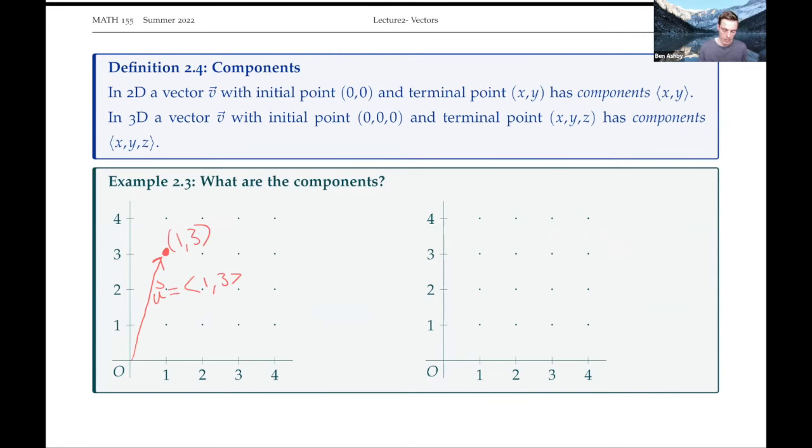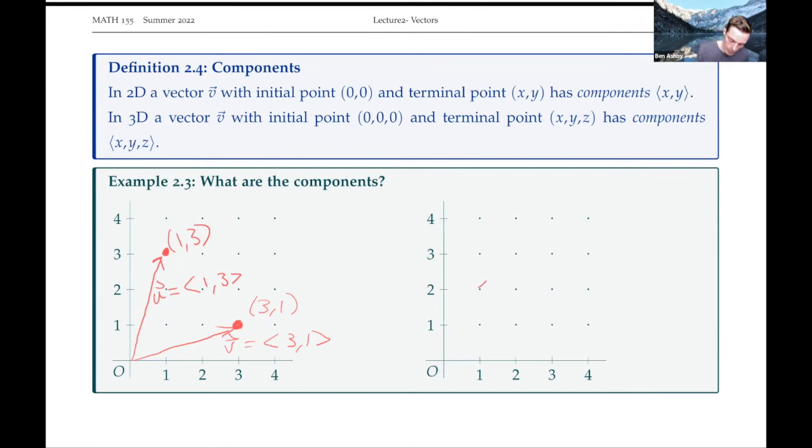Note the difference in terms of brackets, and that this is going to be different to, say, the point at 3, 1, which has a vector with components 3, 1. And note that this is for a case where our vectors are anchored at the origin. There's no reason that our vectors have to be anchored at the origin.